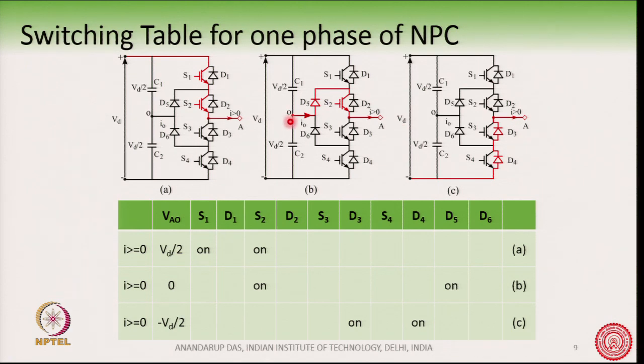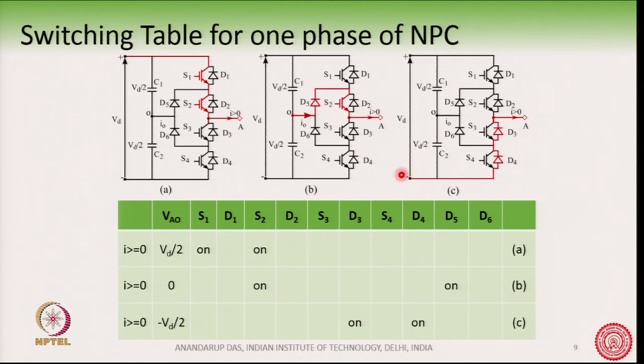The possible path of the current can be like this, D5 and S2 and going out like this. Assuming there is no drop on D5 and S2, point A here will be shorted to point O, and so we will get a 0 voltage.